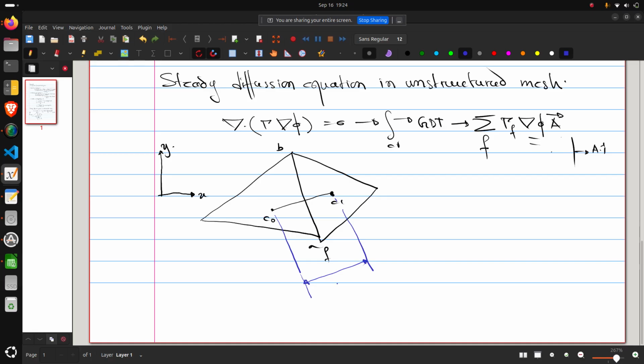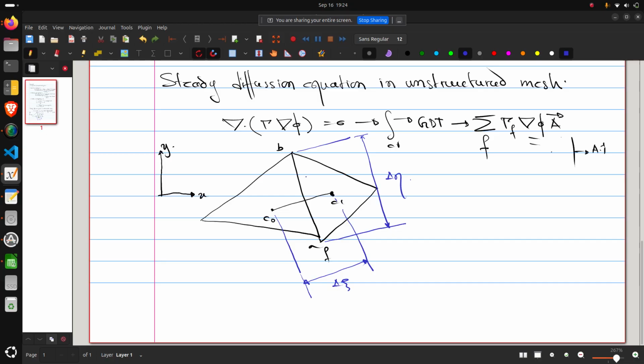So let's define this as delta psi, and we'll define this distance as delta eta, okay.